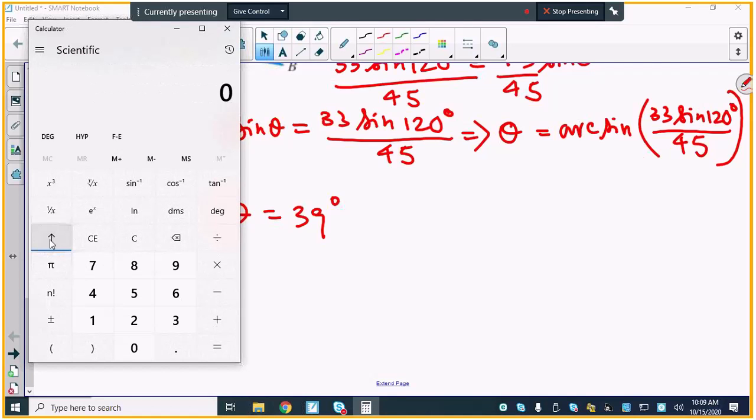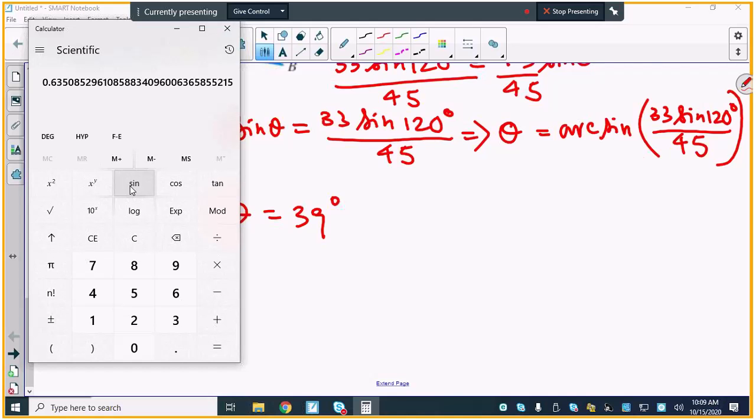When we got 33 times the sine of 120, divided by 45, this is the sine ratio value of an angle. Now remember, sine is positive in both the first and second quadrants. So just because we had a positive value, nothing ensures that we are going to get the answer only in the first quadrant.